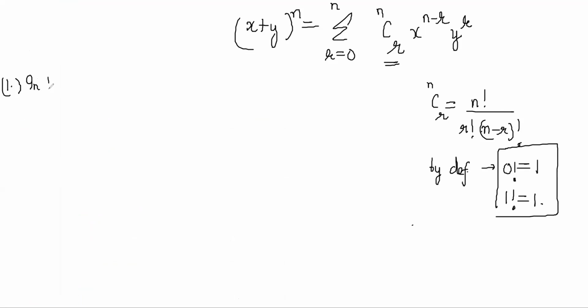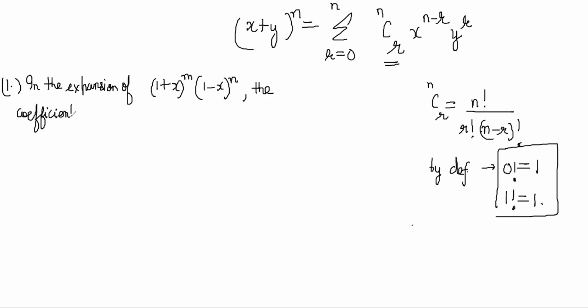The first question is, in the expansion of (1 plus x) to the power m and (1 minus x) to the power n, the coefficients of x and x square are 3 and minus 6 respectively.